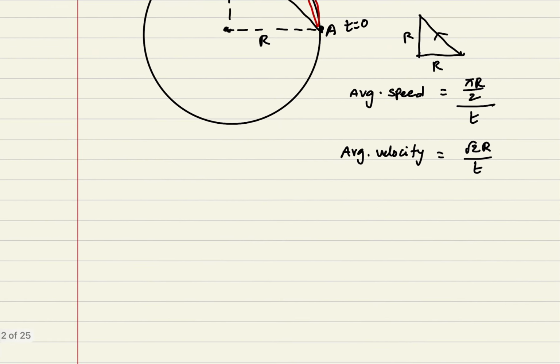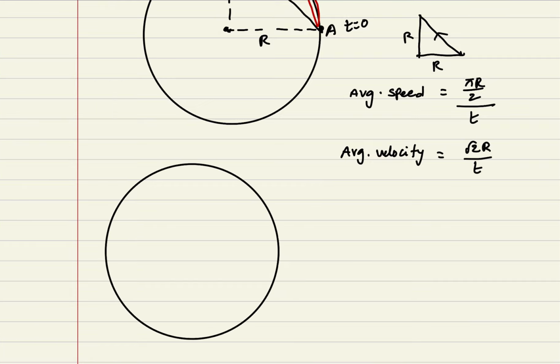Now we are going to see other things. Suppose a particle is moving in a circular path, covering an angle theta. Then we can calculate the average speed, average velocity, as well as distance and displacement. First, what is the distance covered?